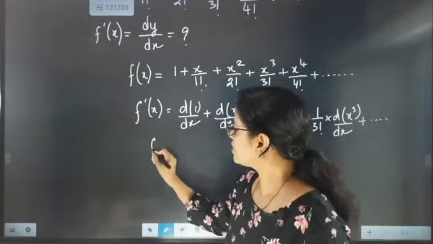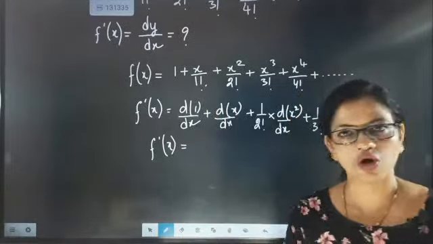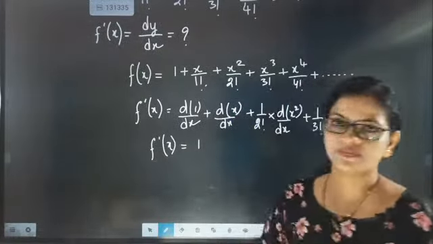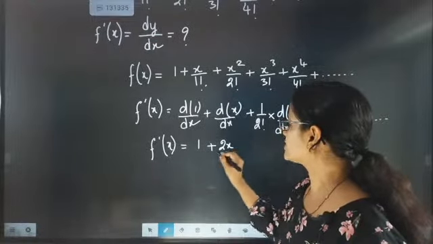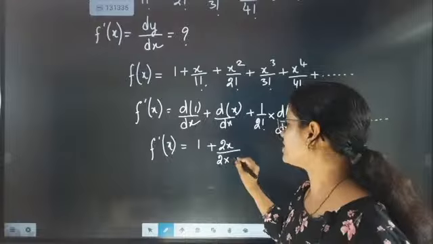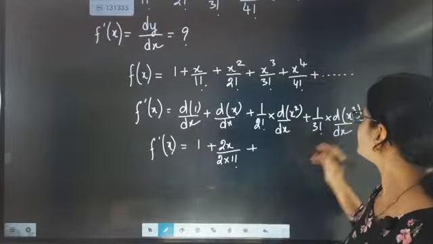Now just listen to me very particularly: differentiation of a constant will become 0. Differentiation of x will become 1. Differentiation of x square will become 2x, and down there 2 factorial is there. So 2 factorial can be written as 2 into 1 factorial. See this magic.